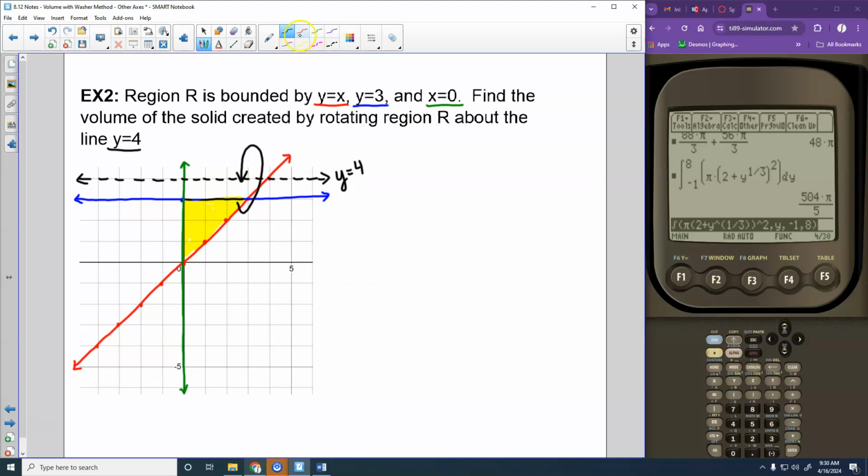So our capital R is going to be from the line of rotation down to that outside line, right? That is your capital R of x. And we're going to be in terms of x because we're rotating around a horizontal line. Now, to figure out what that is, you want to take wherever the top dot is on that vertical line.